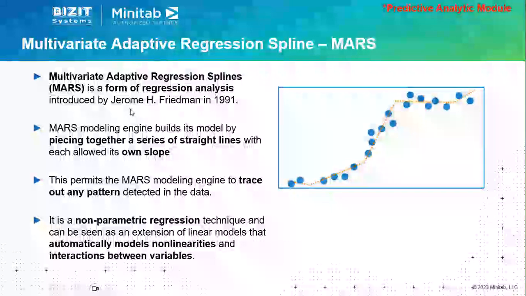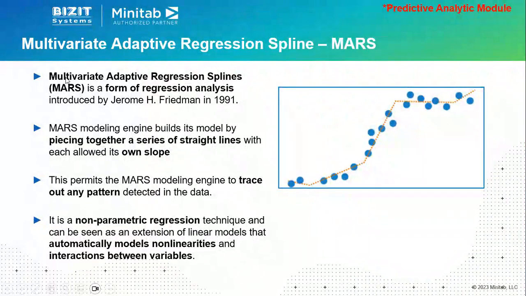It was introduced by Jerome H. Friedman in 1991. The MARS modeling engine builds the model by piecing together a series of straight lines, and each one will have its own slope.